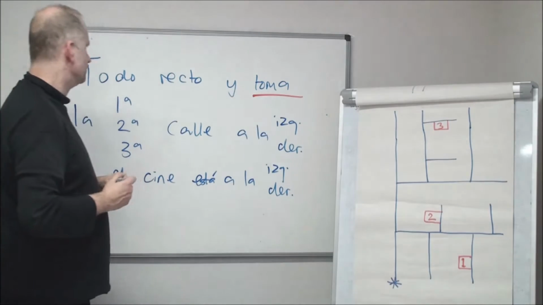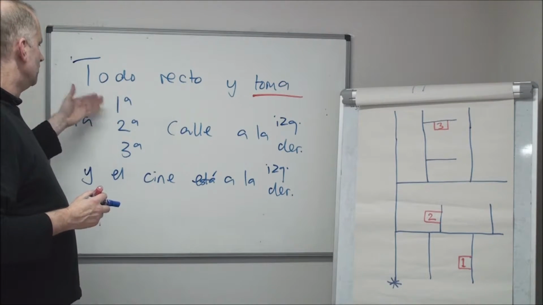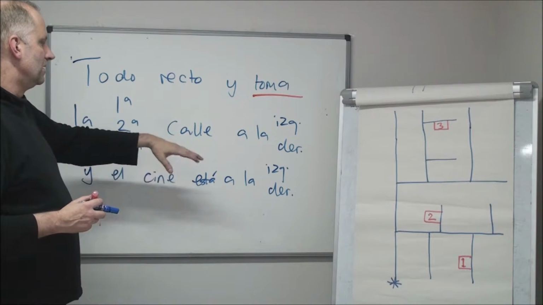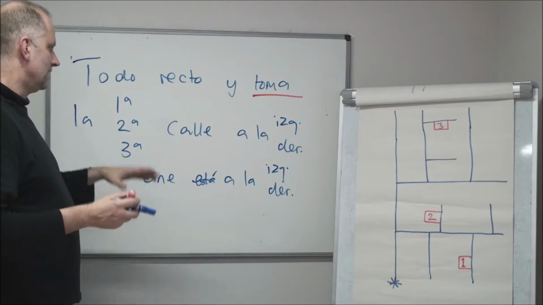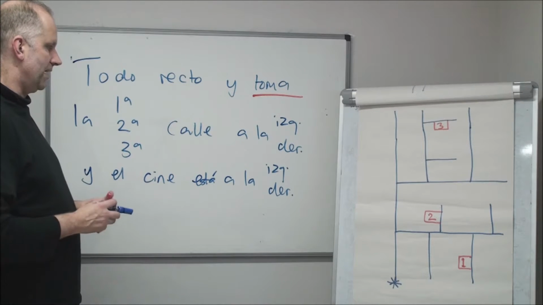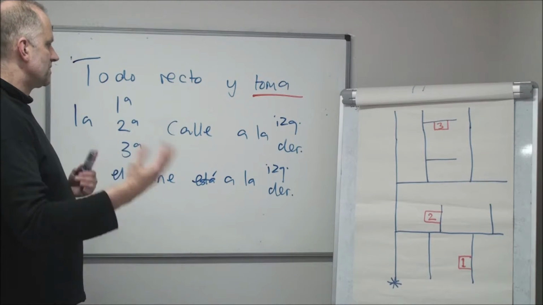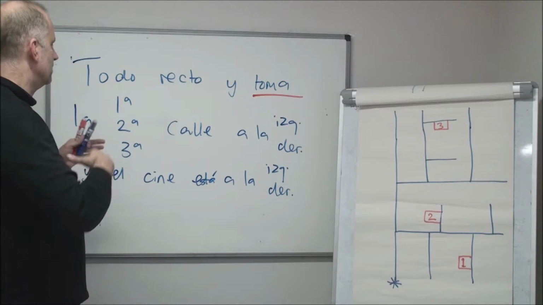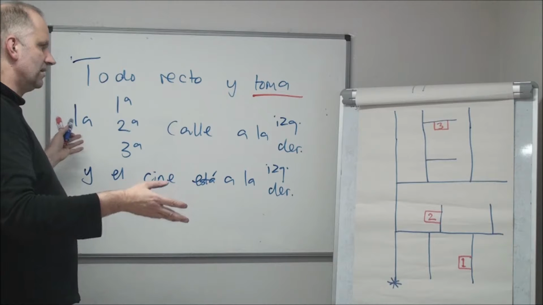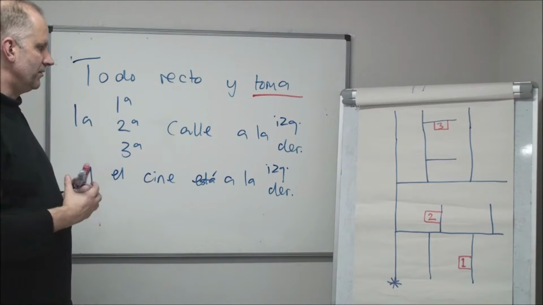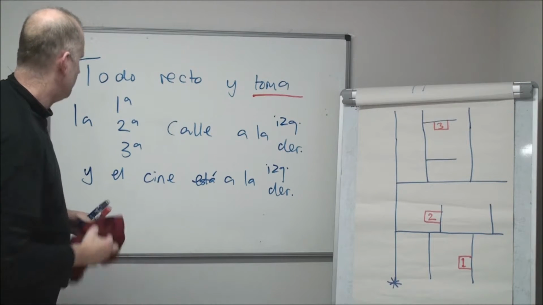So you're saying go straight on and take the first, second or third road on the left or right, and the thing you're looking for, in this case the cinema, is on the left or on the right. But sometimes it's going to be more complicated. It's going to be take the first left, then the second right, then the third left, and then there might be even more turns than that.